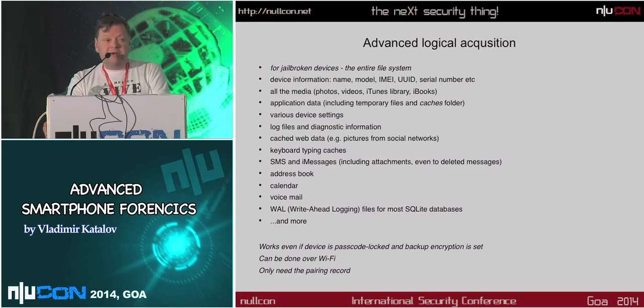And once the device is paired, you can even connect to this service not using the USB cable but over Wi-Fi, and probably even through 3G networks. We don't know.